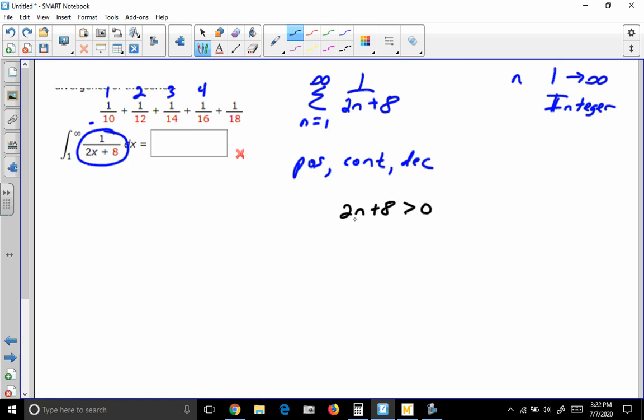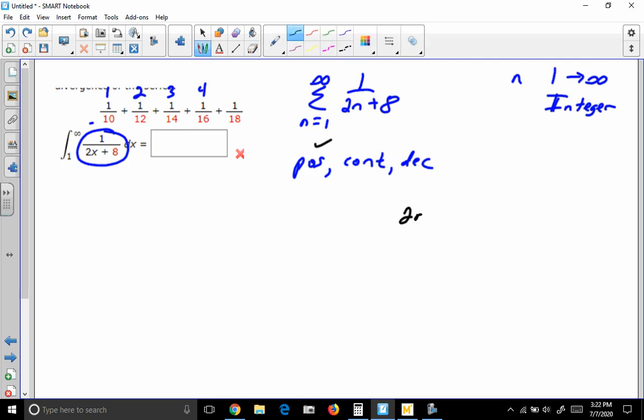If n is 1, we get 10. If n is 2, we get 12. If n is 3, we get 14. So for all positive n's, that's going to work. So it's always positive.